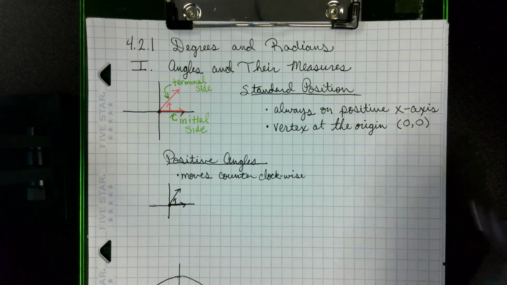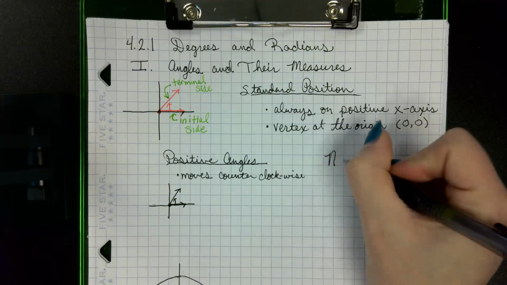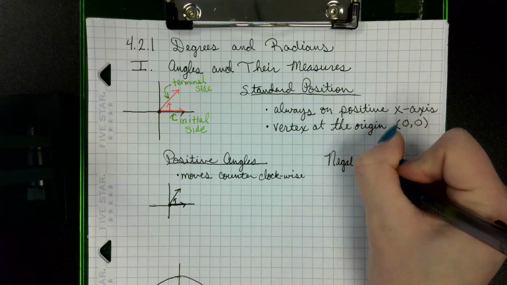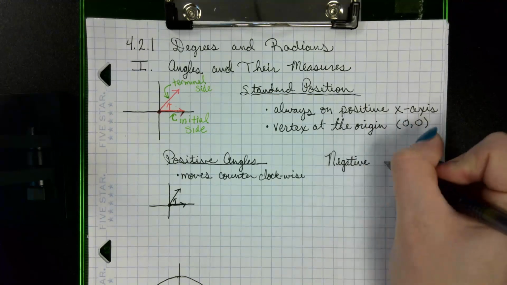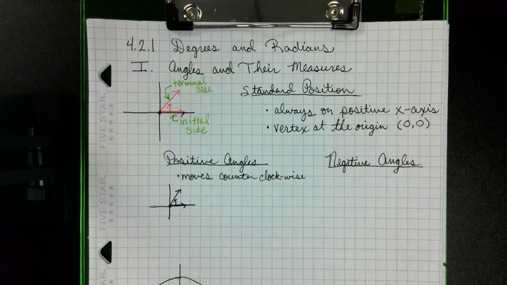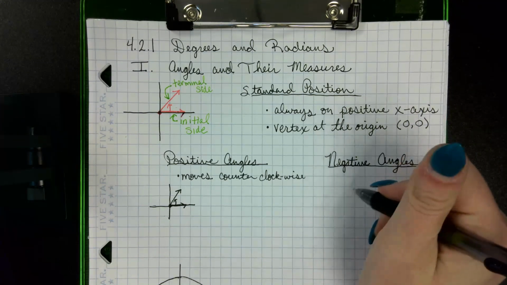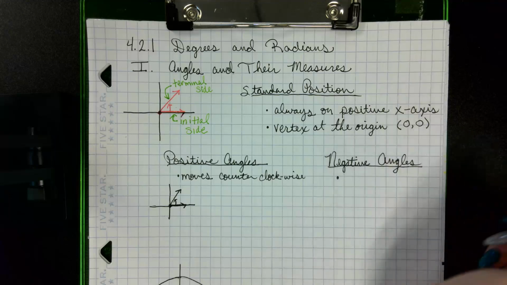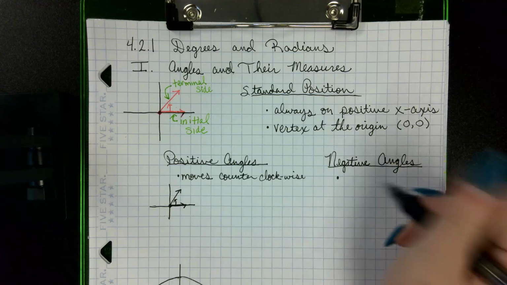It doesn't matter where it terminates as long as it's moving in that direction. Or you could have a negative. And negative angles, positive moves counterclockwise, then you could guess probably that a negative angle is going to move clockwise.